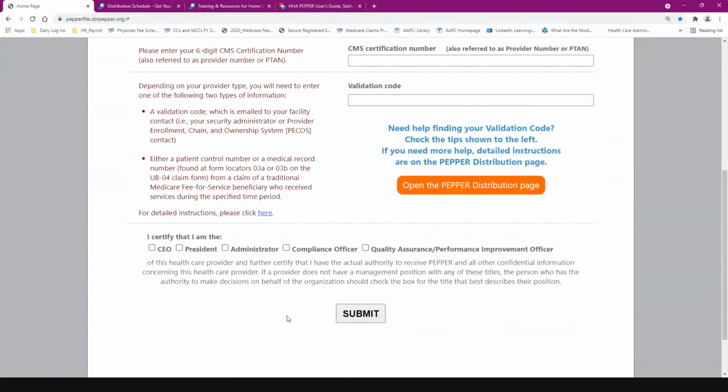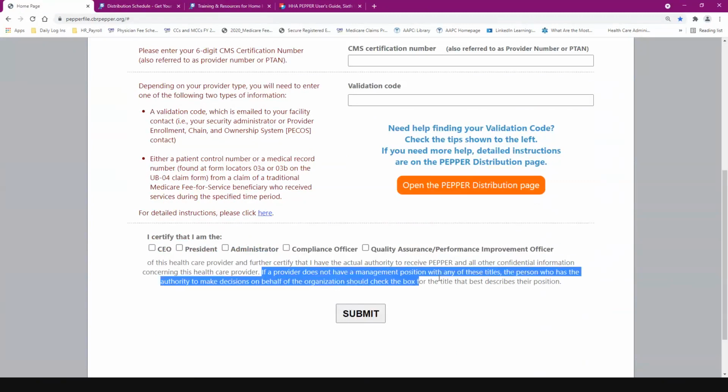And down at the bottom, we do ask that the user certify the position that they hold within the home health agency. However, I do want to point out that if the person trying to get into the portal does not have a management title with any of these titles, the person who has the authority to make the decisions on behalf of the organization should click the box that best describes their position.